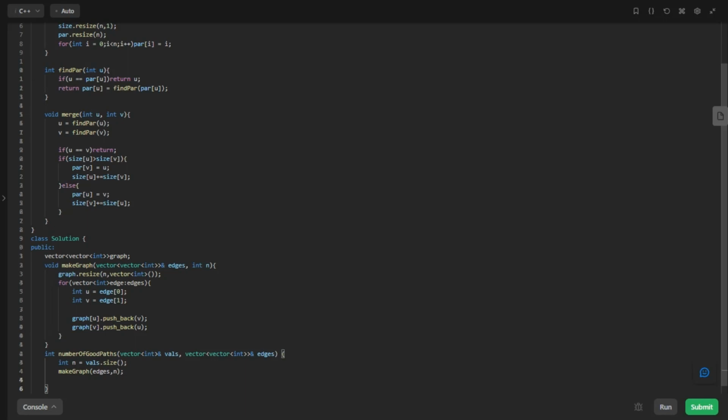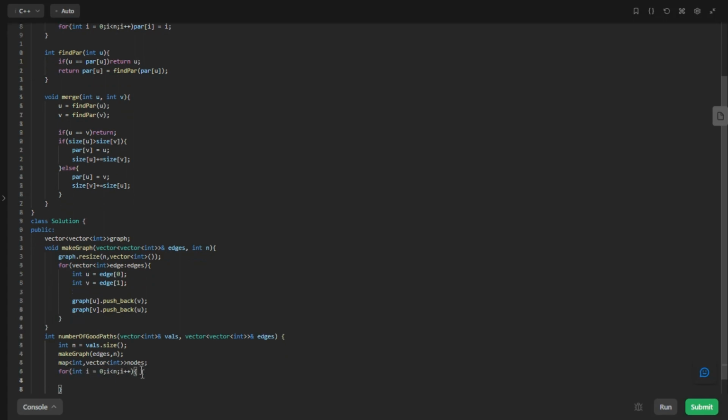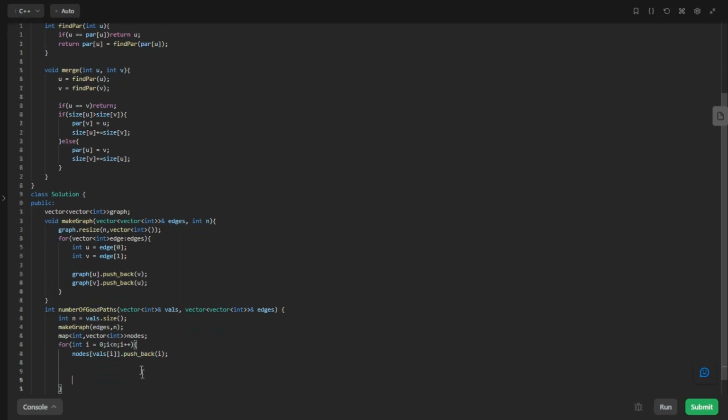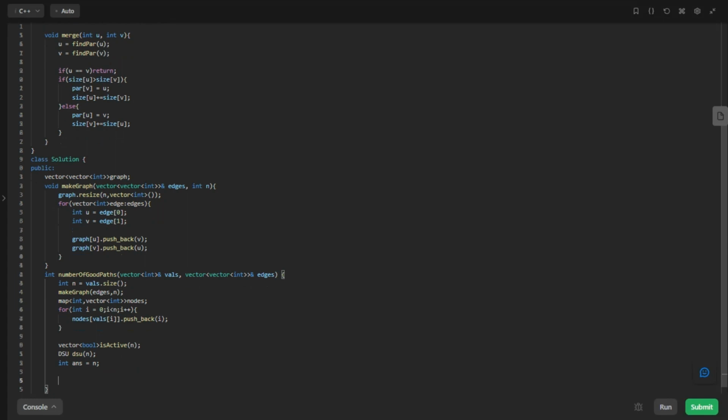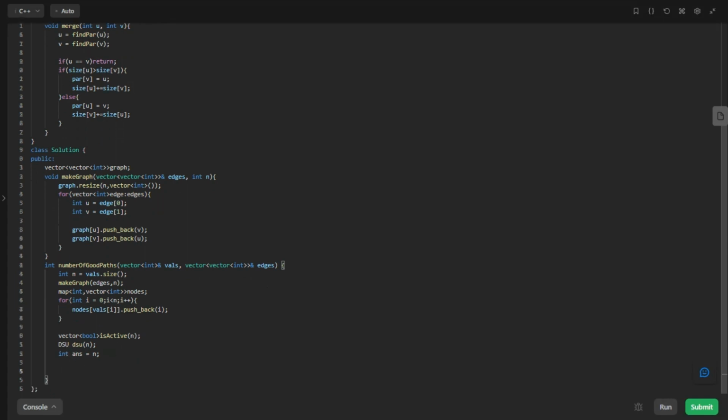The count of good paths initially would be n, because every node is a good path by itself, so we will count them initially. We will iterate over the values mapped to those nodes, and then iterate over them.